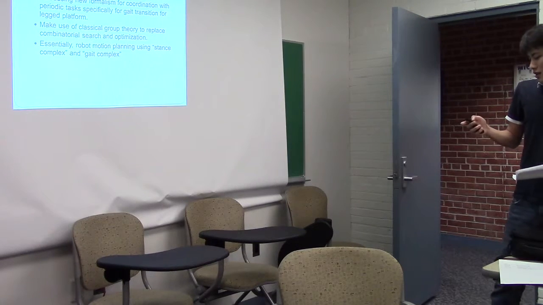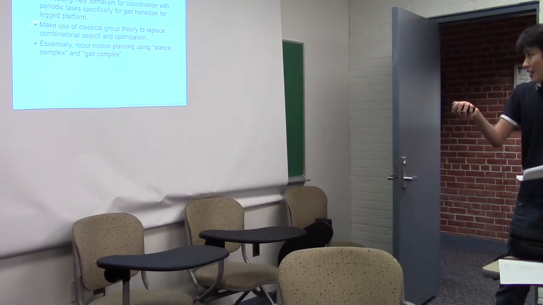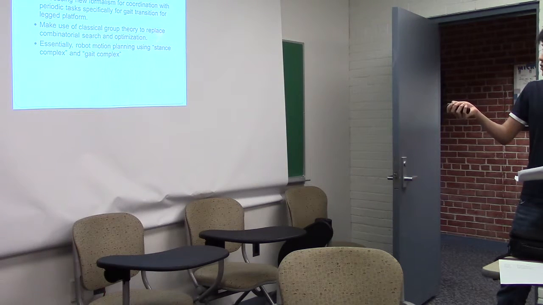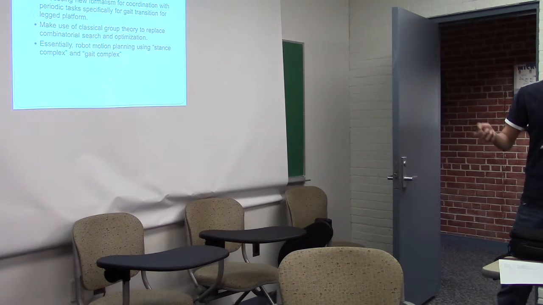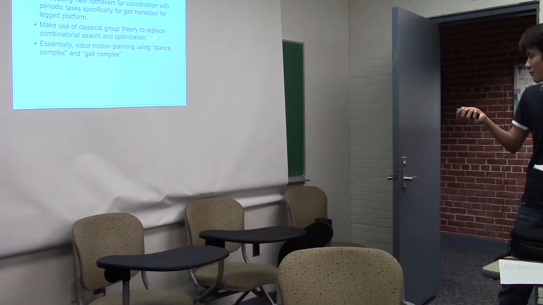And how do they do it? They make a very smart use of classical group theory to represent what people usually do nowadays, which is the algorithm to move normal robots, the combinatorial search and optimization. But then, why is that important?